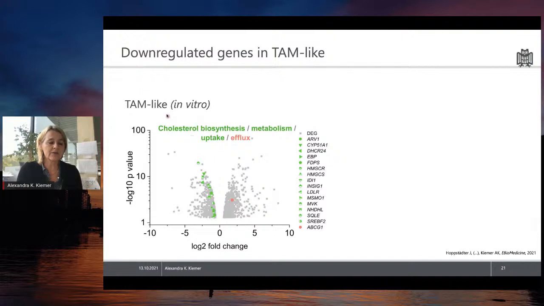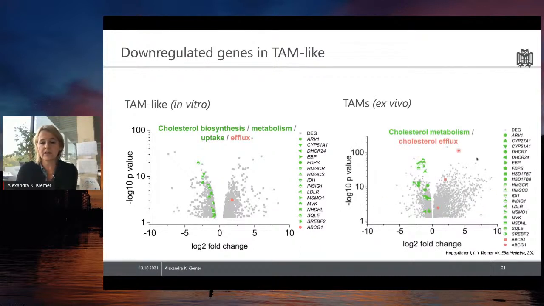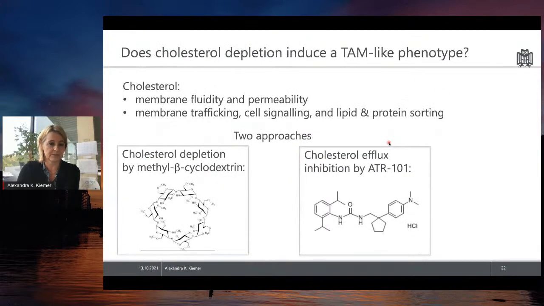And here again, you see in this in vitro model this downregulation of all those genes important for cholesterol biosynthesis, metabolism, uptake, and an upregulation of at least one of these efflux transporters. And this is the figure I had shown you before, and I guess you can appreciate that there's quite a bit of similarity between this really simple in vitro model compared to these ex vivo TAMs.